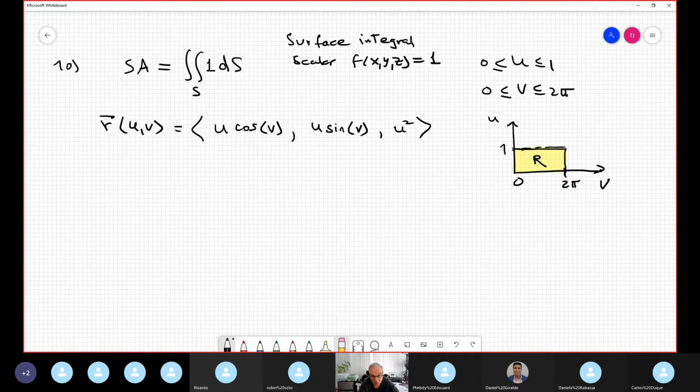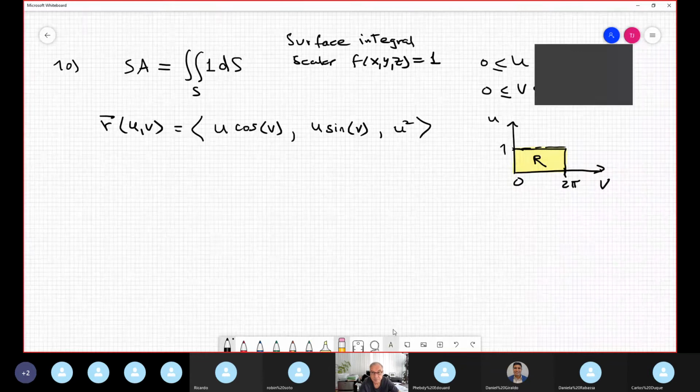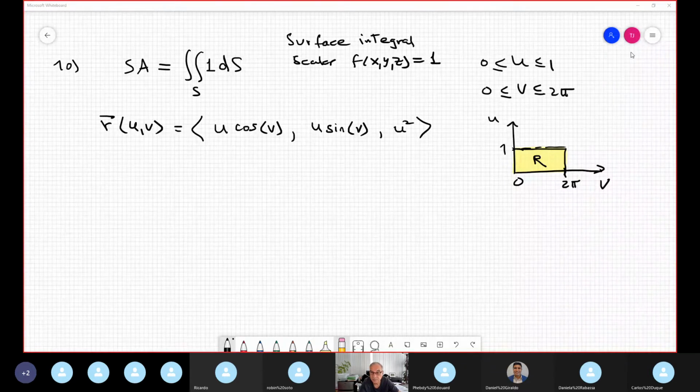And of course, you can see it if you open GeoGebra and use the surface command, when the class is over.